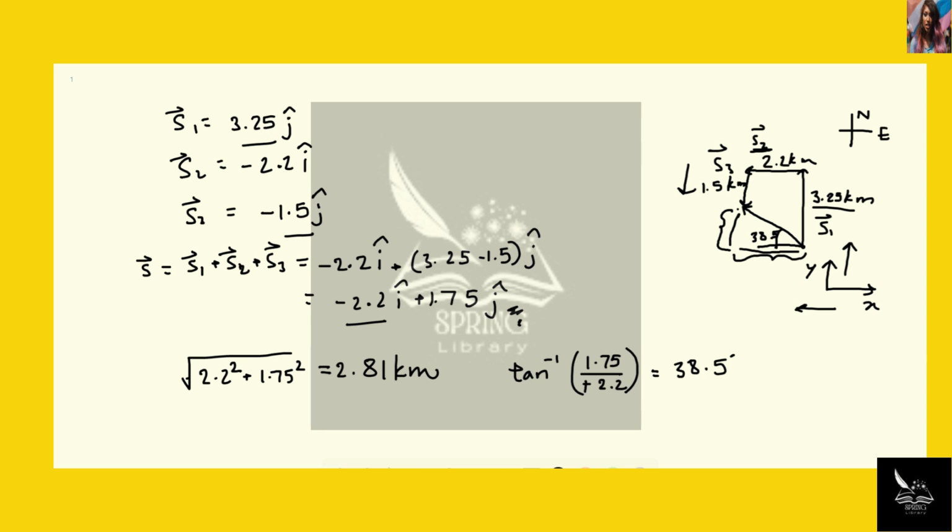The angle it would make with the positive x-axis would simply be 180 degrees minus 38.5, which is 141.5 degrees, which seems reasonable because this angle is obtuse and about 141 seems to be the proper number.